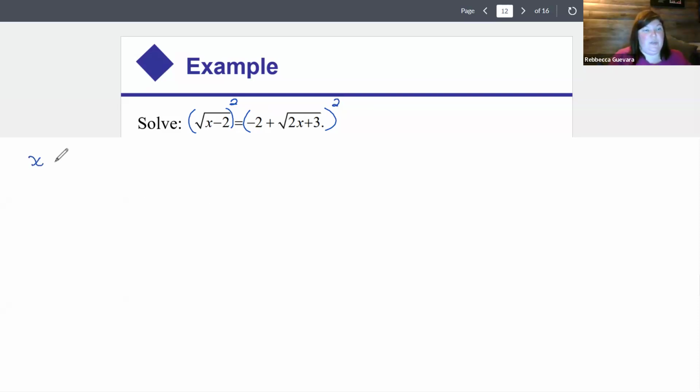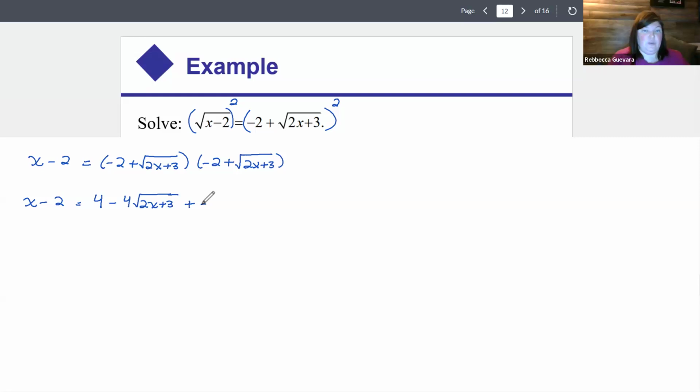If I do that, I'm going to end up with x minus 2 over here equals negative 2 plus the square root of 2x plus 3 times negative 2 plus the square root of 2x plus 3. So x minus 2 is going to equal, if I distribute this, 4 minus 4 square root of 2x plus 3 plus the square root of 2x plus 3 squared. Like I said, all I did is just this distribution here.